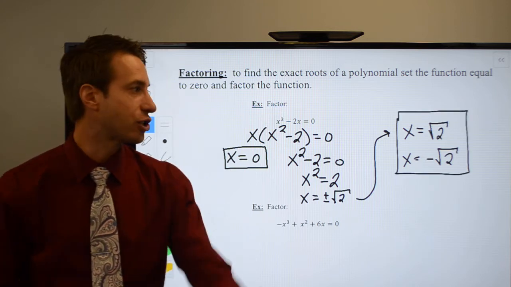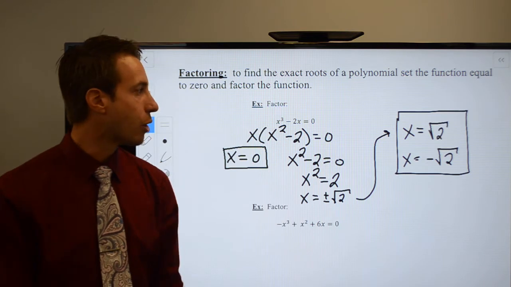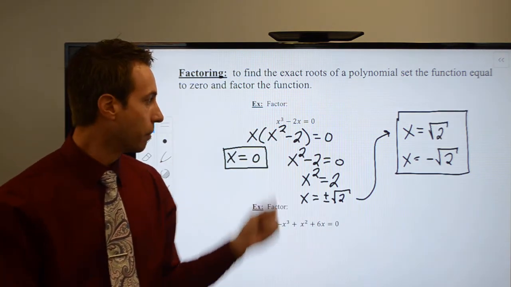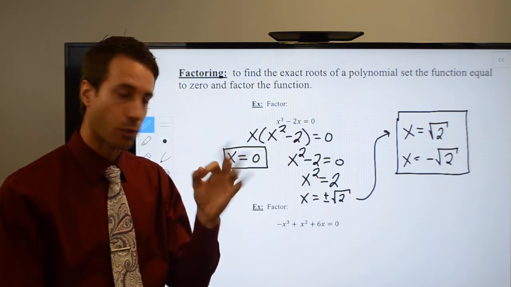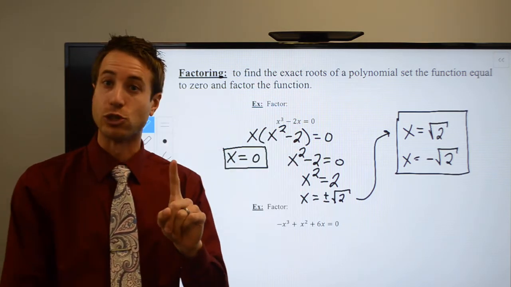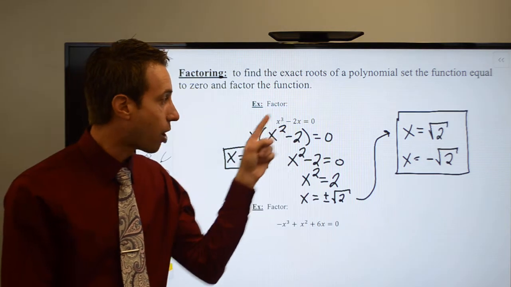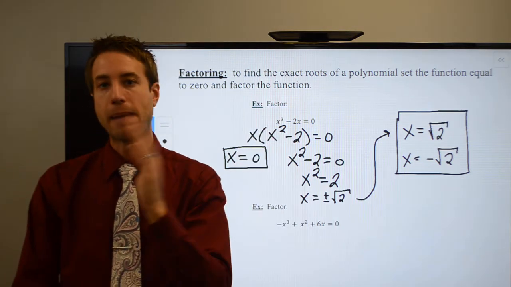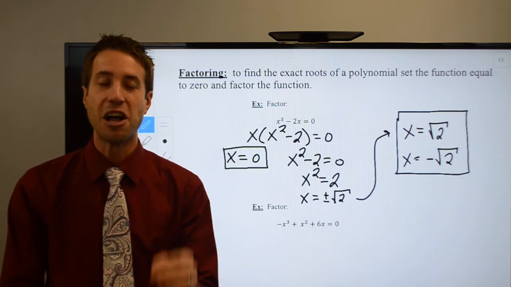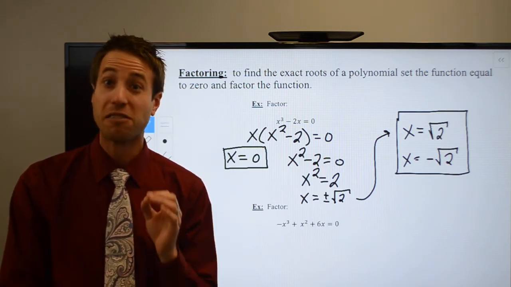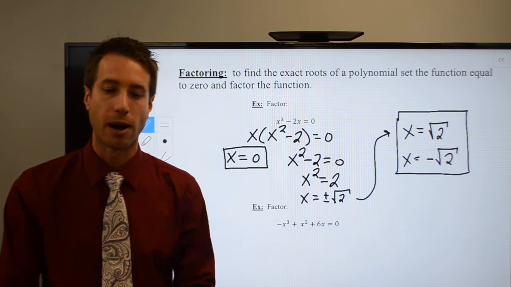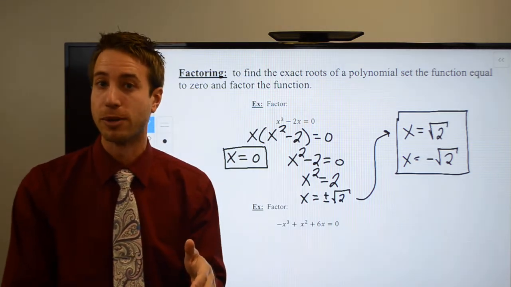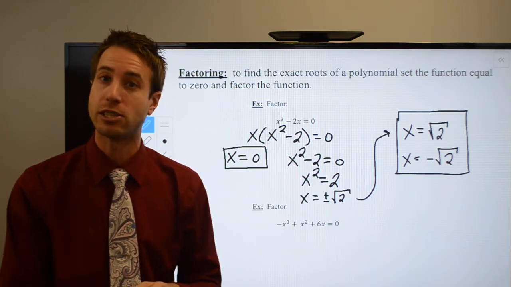And one more quick thing just to refresh your memory. Please notice, what is the degree of this polynomial? Well, it's a two-term polynomial. The degree of the first term is 3. The degree of the second term is 1, which means this polynomial is a third-degree polynomial. Now, if you remember back to a previous section, the fundamental theorem of algebra says that the number of zeros for a polynomial is equal to its degree.